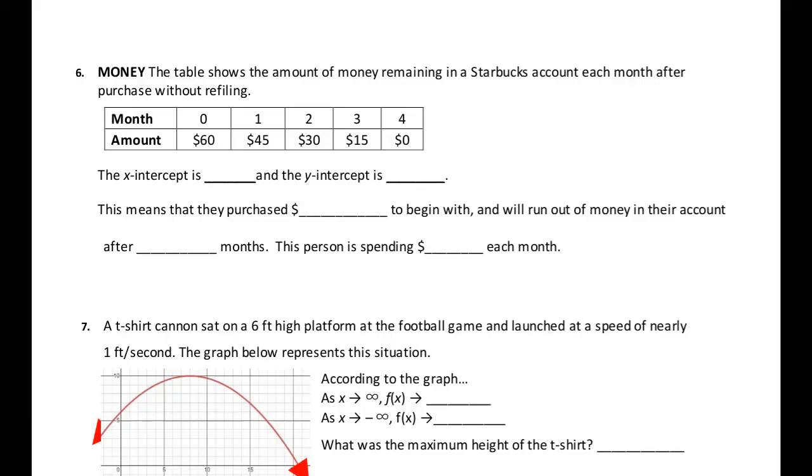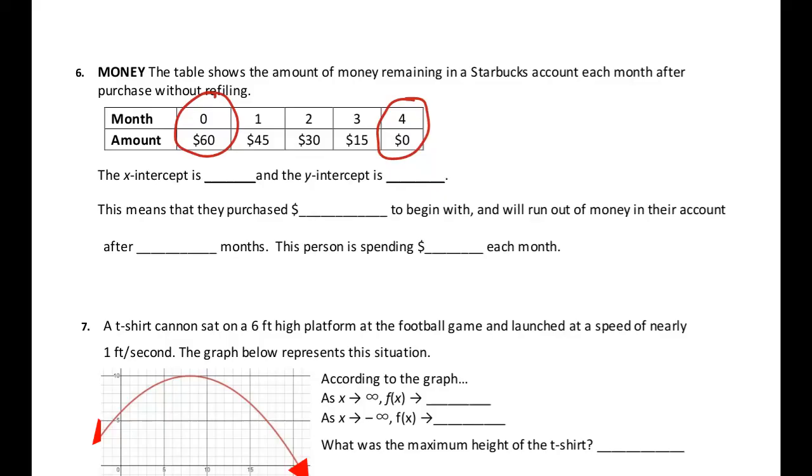All right, the x-intercept and the y-intercept. The x-intercept is blank, the y-intercept is blank. How can we tell when we're talking about an intercept? What do all intercepts have to have? 0. So I know I'm looking at these right here. I just have to figure out which one is which.